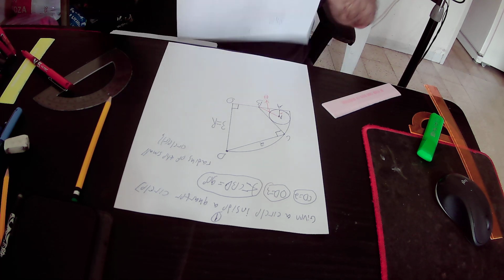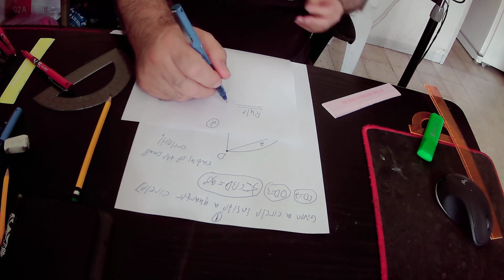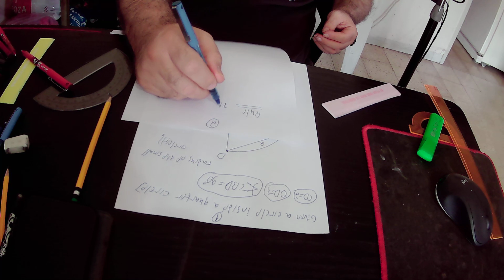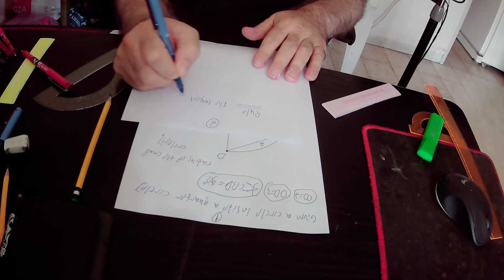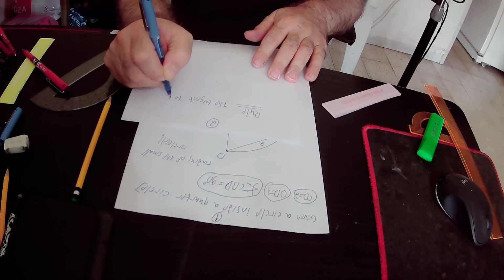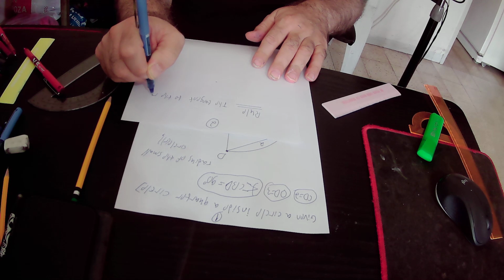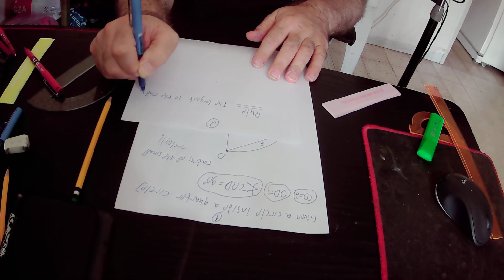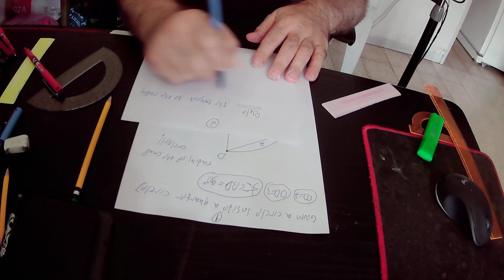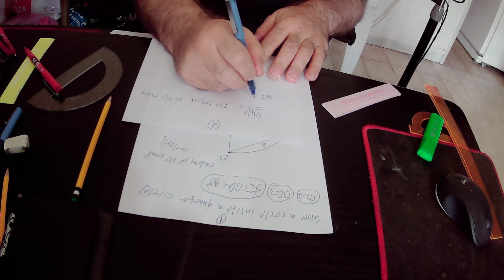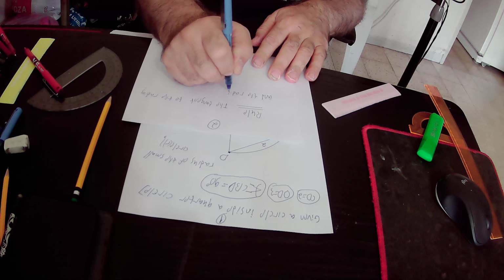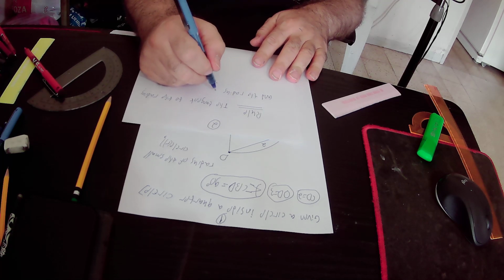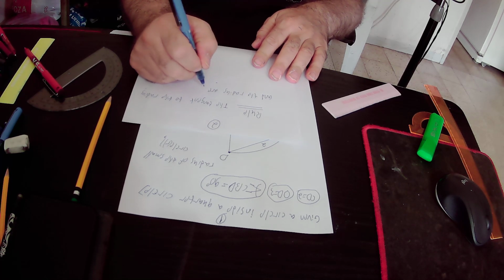So the rule states that the tangent to the circle and the radius are perpendicular to each other.